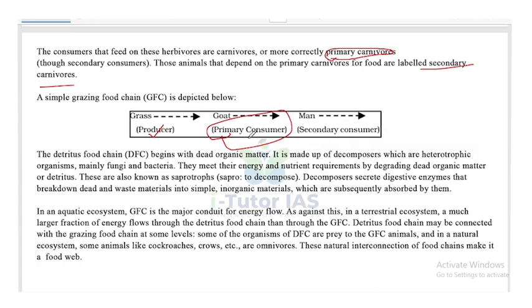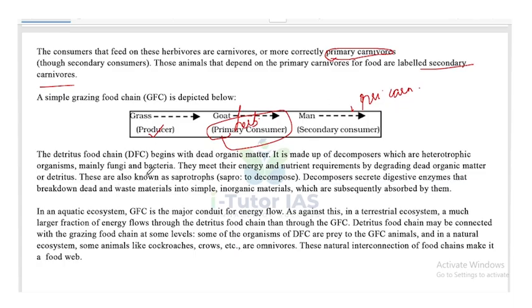The other name of primary consumer is herbivore, and the other name of secondary consumer is primary carnivore. So don't get confused with these terms.